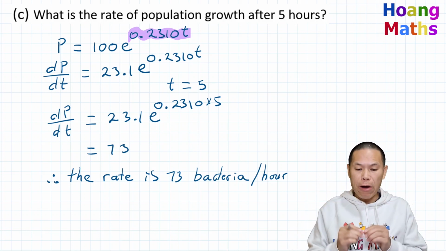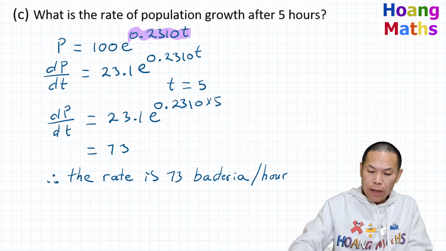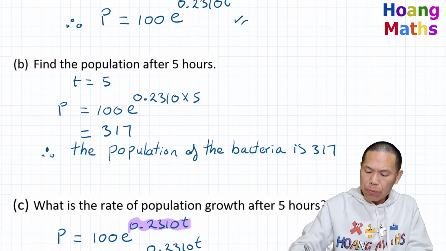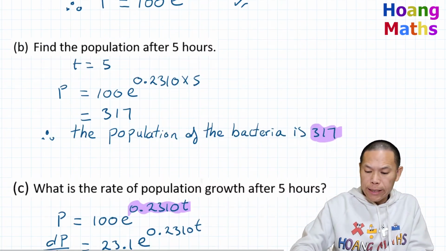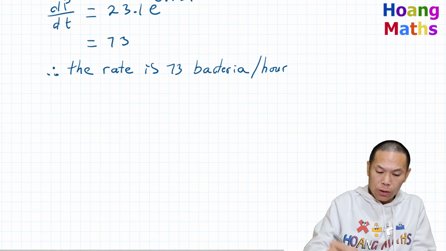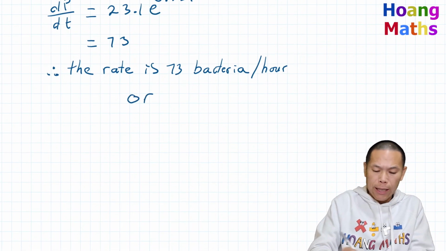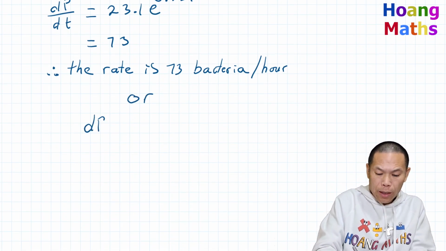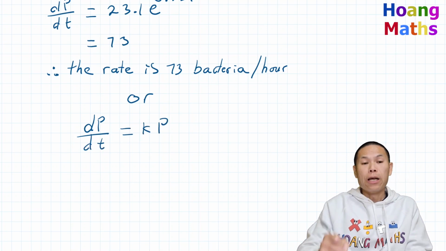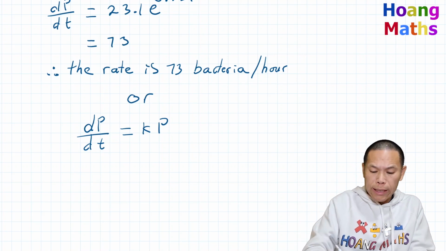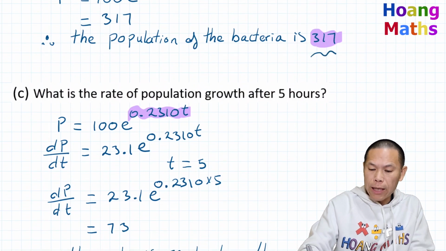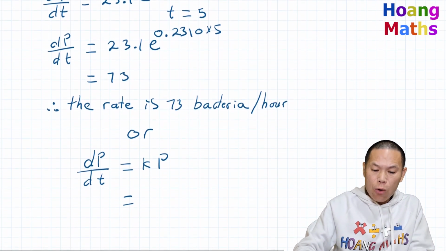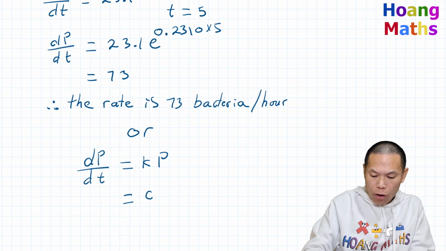Now, if you think about it, we already found that at 5 hours we have this many bacteria, and we know that the rate is this. Let me just write here. Or you can use this technique. We know that dP/dt is kP. And we know the population when t equals 5 is 317. And we know k is 0.2310.